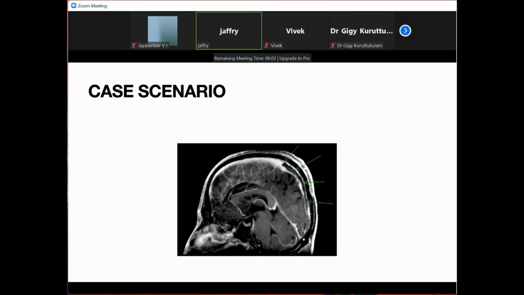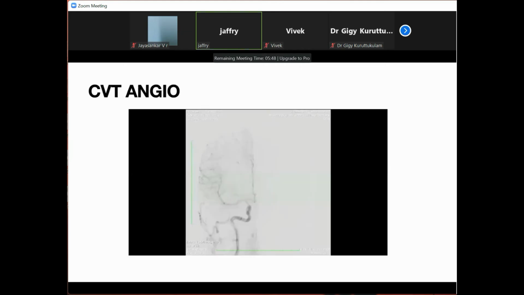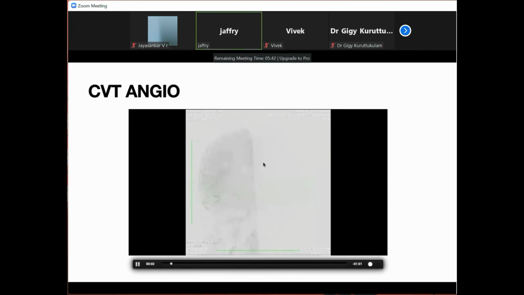This is a case of a 30-year-old female who is on OCP, presented with acute onset severe headache. Here we can see in this contrast image non-opacification of the sagittal sinus. This is the angio of that patient. Here, after the arterial phase, we are not able to see the venous filling in the posterior part.